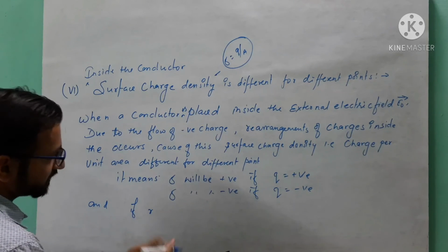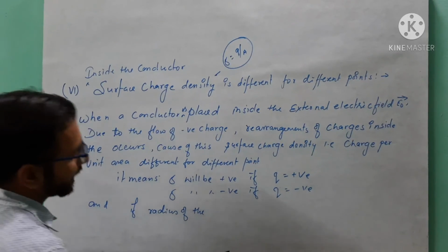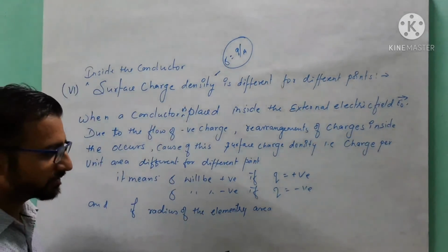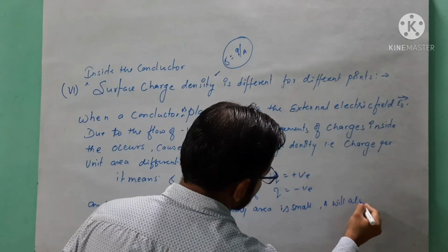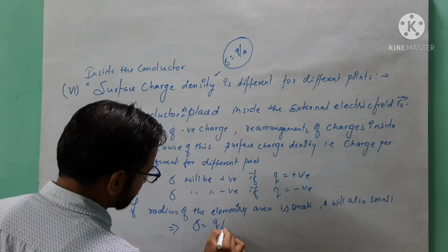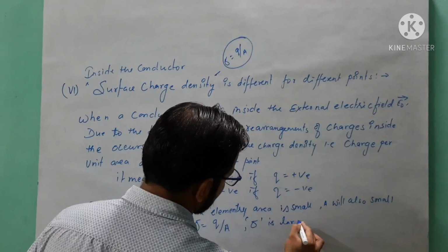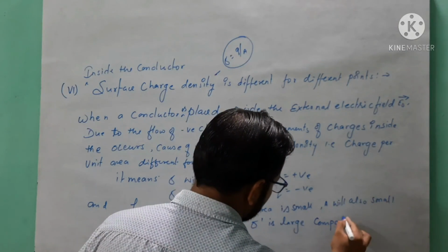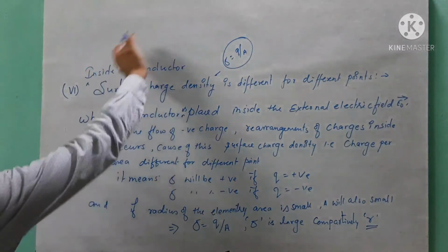And if R, here I am taking the radius of the elementary area which I am considering on the surface, is small, A will also be small, the area is also small, which implies by the formula sigma equals Q upon A that sigma, our surface charge density, is large comparatively.